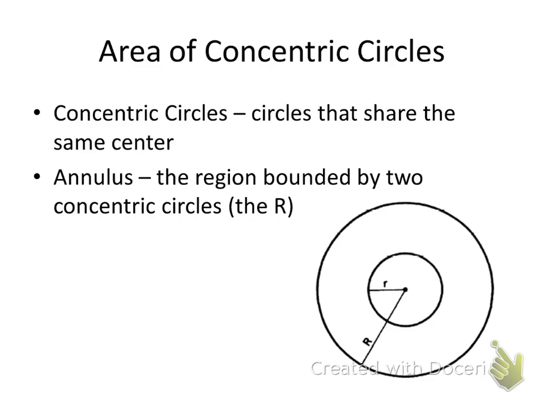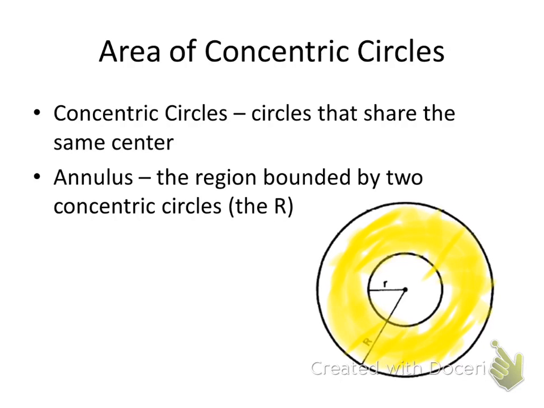Okay, the other thing that we must know in this problem is called annulus. Annulus is the region bound by two concentric circles. So that would be this right here. Okay, so in order for me to figure out what the area of this is, I'm going to have to do something a little different.